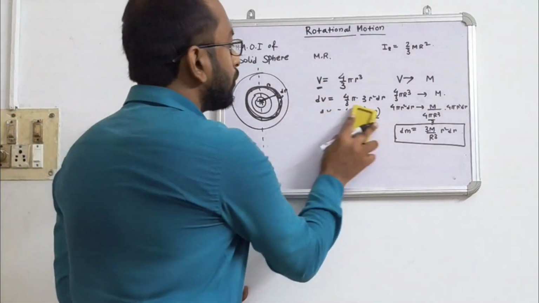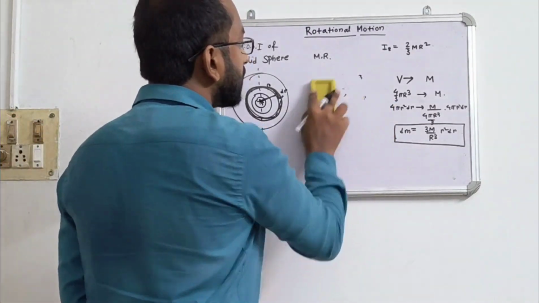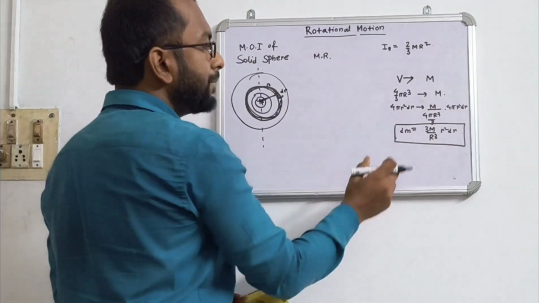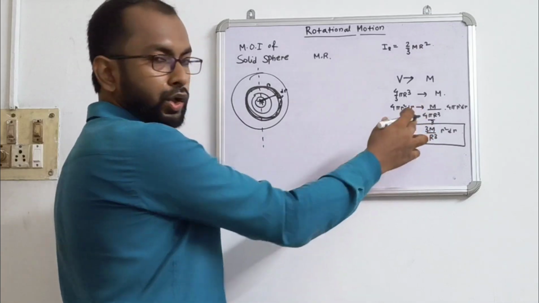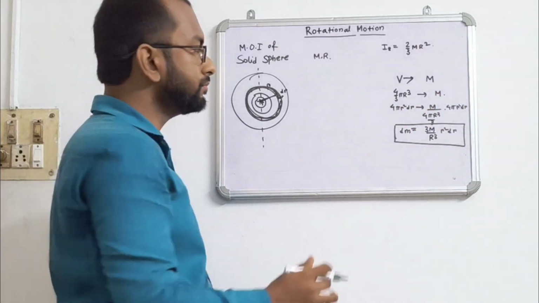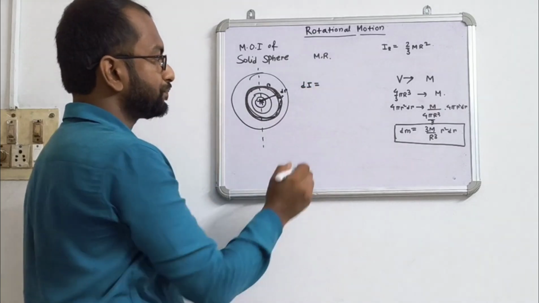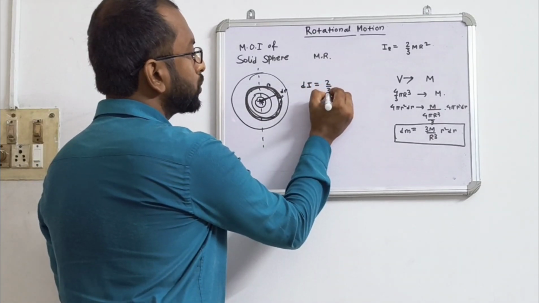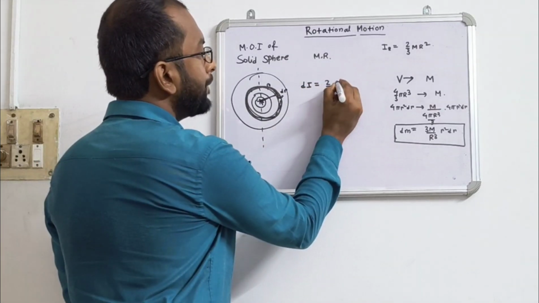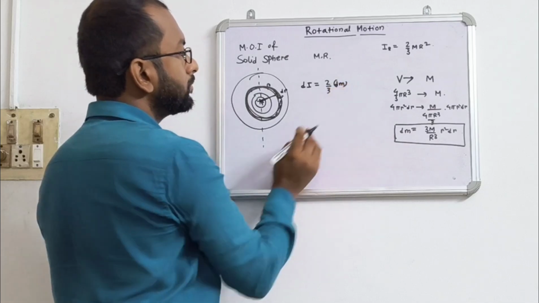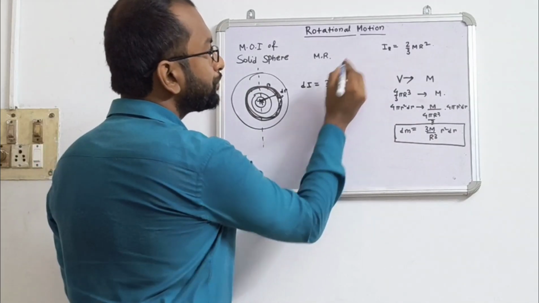Now we got to know that the small mass of the hollow sphere is dm is 3m by capital R cube into small r square into dr. Now for that hollow sphere, what is the small moment of inertia? 2/3 of m, here m is dm, into r square.